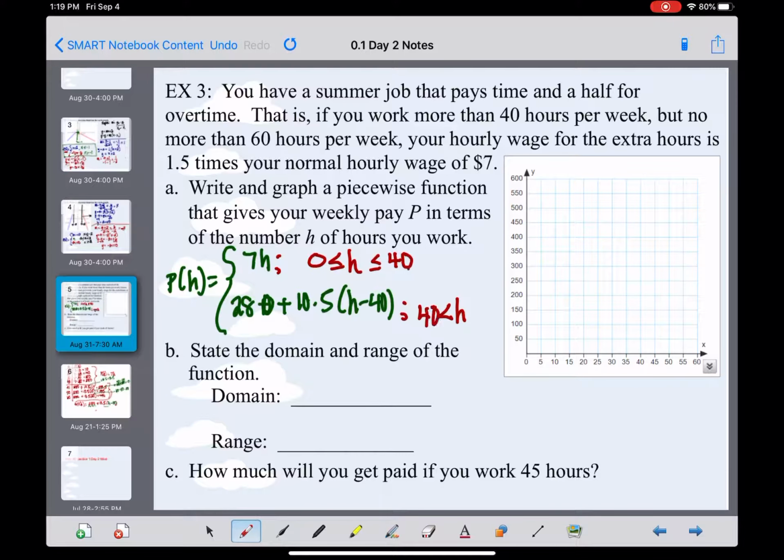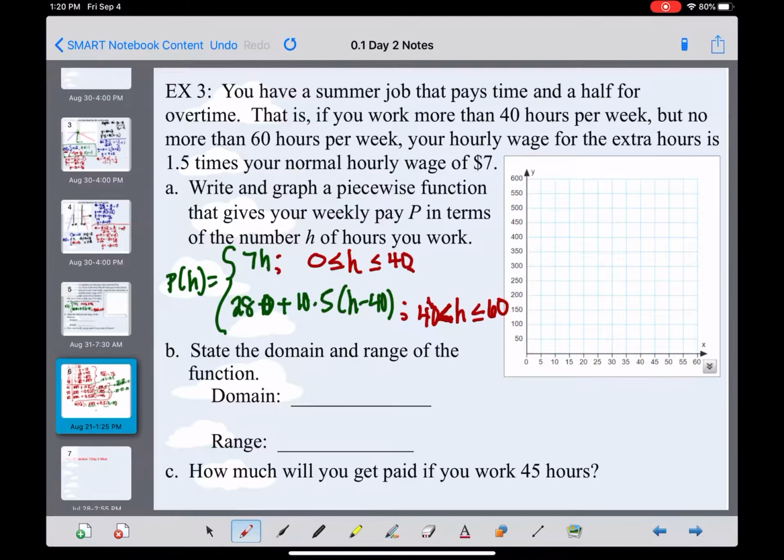We want these to match up, because if I work 40 and a half hours, I need to make sure that is in there. So I can't just make it 41. You keep the 40 the same, but this is strictly less than, not equal to. So anything greater than 40, but no more than 60, so less than or equal to 60.